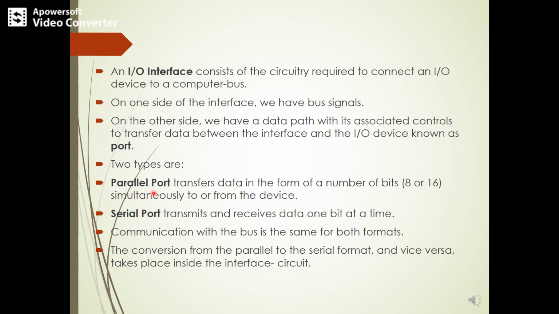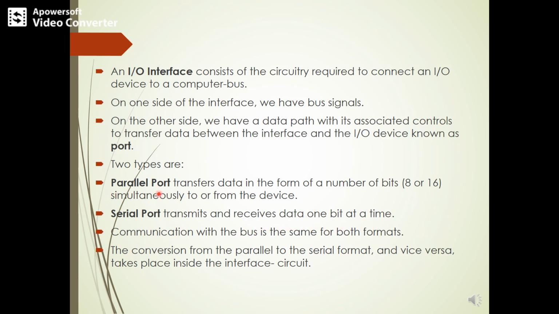In the case of a parallel port, the data can be transferred in the form of a number of bits together, that is 8 to 16 bits simultaneously to or from the device. A serial port transmits as well as receives data one bit at a time.